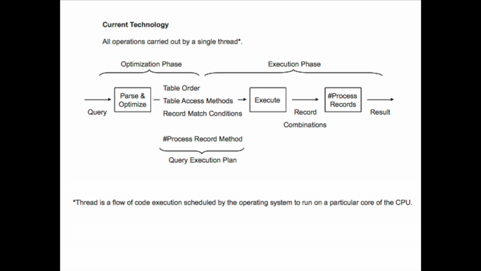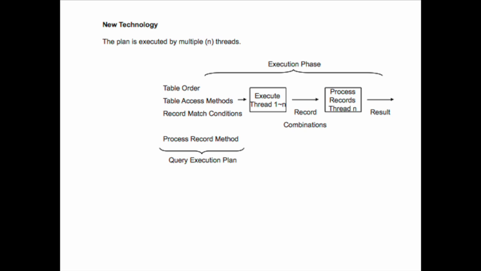Okay. So now this is the new technology. I left out the optimize phase because that portion has not been modified. So I use the existing optimizer. Now the only difference is the execution phase. Before, you had one single thread executing that execution plan.